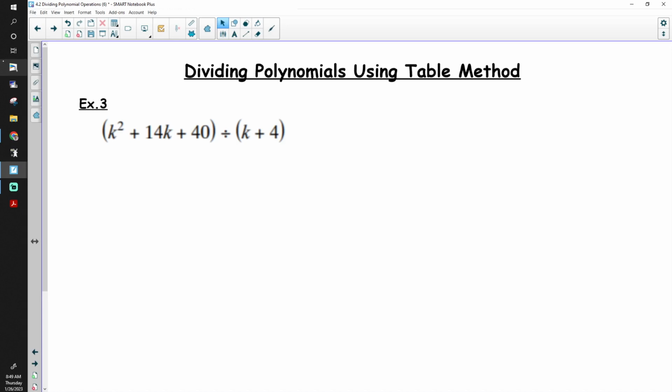Take a minute or two and set it up. Draw your little L that's fallen over. Put everything in there. Yep, that's good.